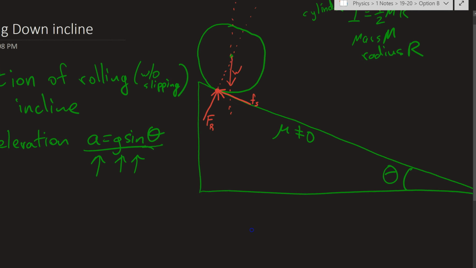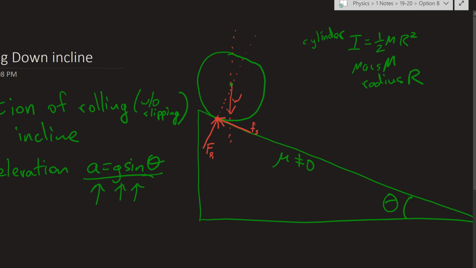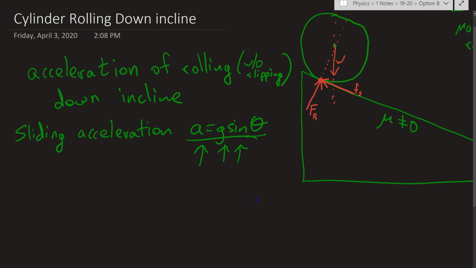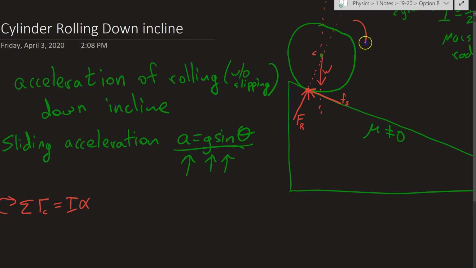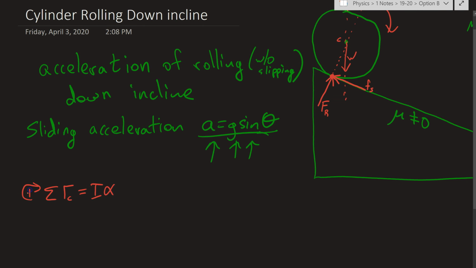Now we need to calculate the torques that each of them exert around the axis of rotation, which we'll say is the middle. Well, we already said that the reaction force and weight don't cause a torque, so the only force that does cause a torque is static friction. So the sum of the torques around the center, point C, equals I times alpha. It's going to roll clockwise in the drawing I made, so let's say positive is clockwise.